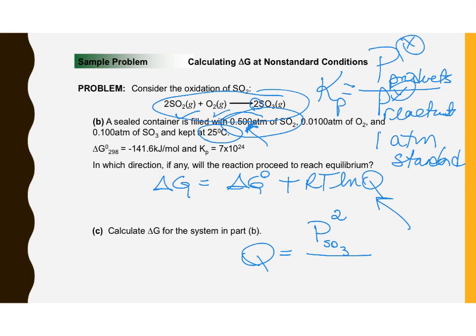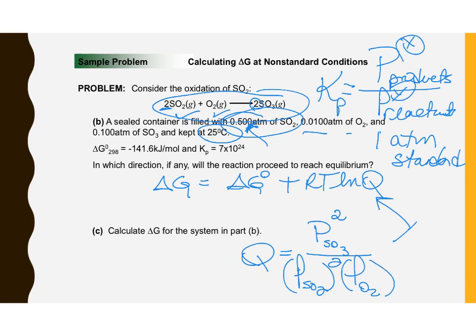Now, if there were any reactant or product that was not a gas, you just leave it out of the entire expression for Q, and that's fine. In the denominator, the reactants, we would get the pressure of SO2 squared, because there's a coefficient of 2, times the pressure of oxygen.